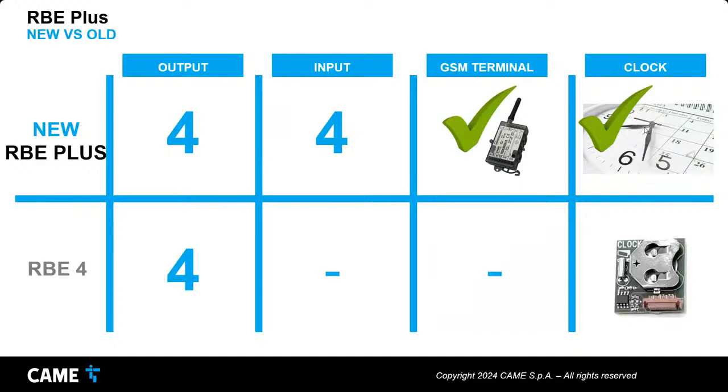So we can save, for example, a setting like the first output will be released automatically each Monday from 8 up to 10 o'clock. So this is another useful feature that is provided thanks to the clock functionality.